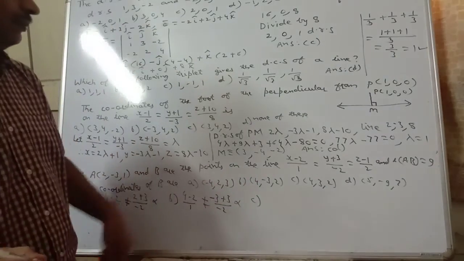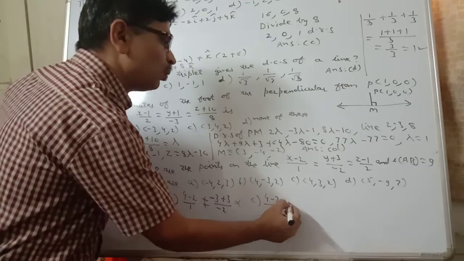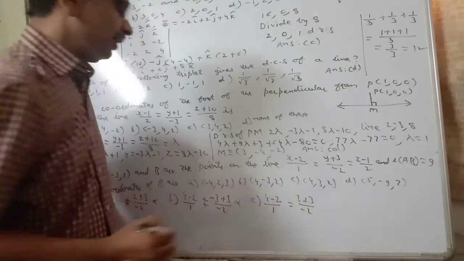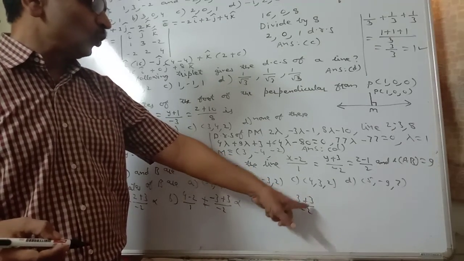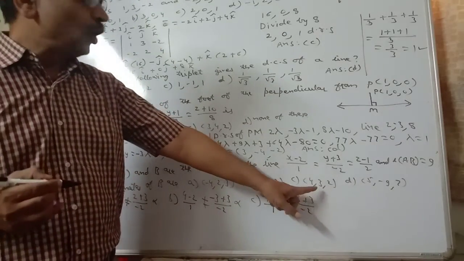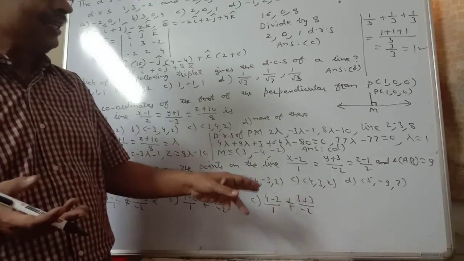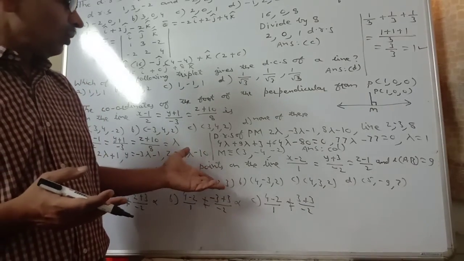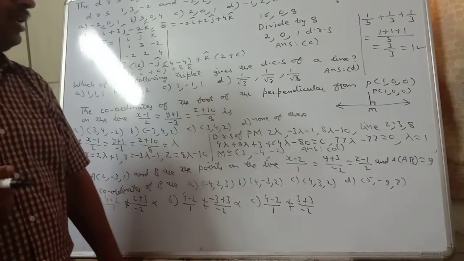Verify option C. Put x equal to 4. 4 minus 2 upon 1 is equal to 3 plus 3 upon minus 2. 4 minus 2, 2. 3 plus 3, 6. 6 by minus 2, minus 3. So coordinates of the point in option C also do not satisfy. Therefore, the answer is option D. For option D, we need not verify the equation of line, or we need not verify length AB equal to 9 also.